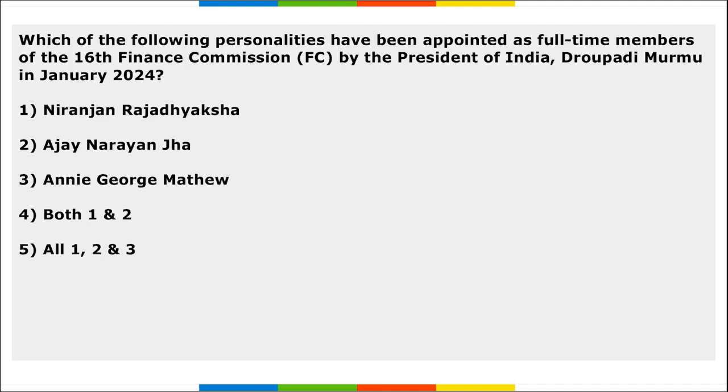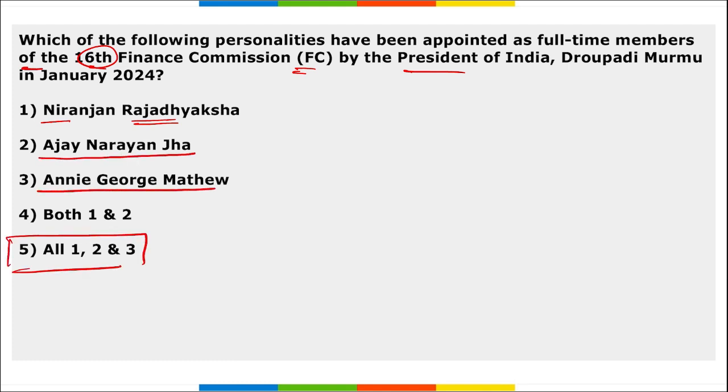Next, which of the following personalities have been appointed as full-time members of the 16th Finance Commission by President of India Draupadi Murmu ma'am? All three of them, Niranjan Rajadhyaksha, Ajay Narayan Jha, Annie George Mathew, have been appointed as the full-time members.